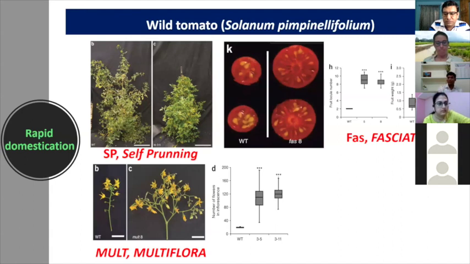I told you that Solanum pimpinellifolium is very tasty, but it has a very small fruit size. So if you see, the fruit size has already been increased with this CRISPR-Cas9 application in that species. The fruit locule number and fruit weight have also been increased by this rapid domestication program.